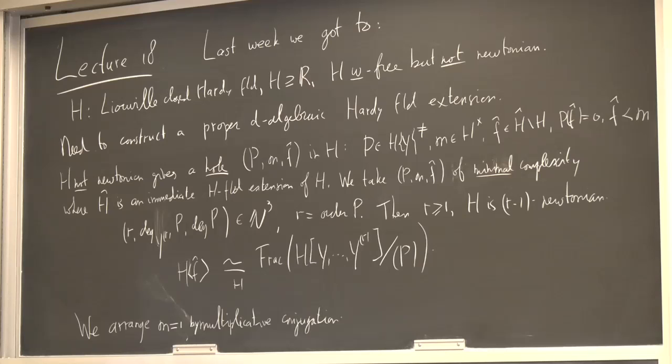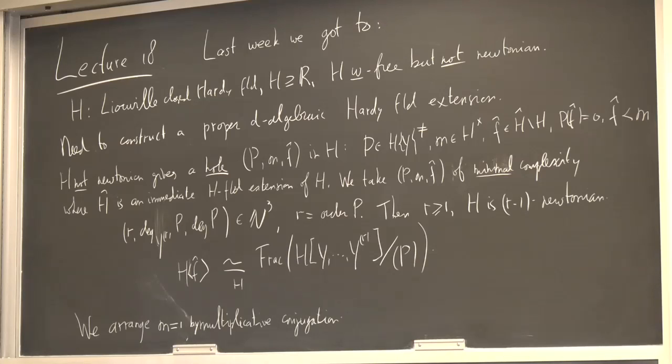Well, the degree in y_r has to be greater than or equal to 1, and it follows from this minimality that H is r-1 Newtonian, and that is a very useful thing to know, because that has the consequence that we know exactly how the H-field generated by F hat over H looks like.